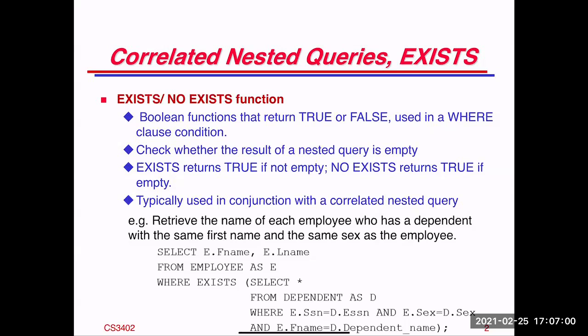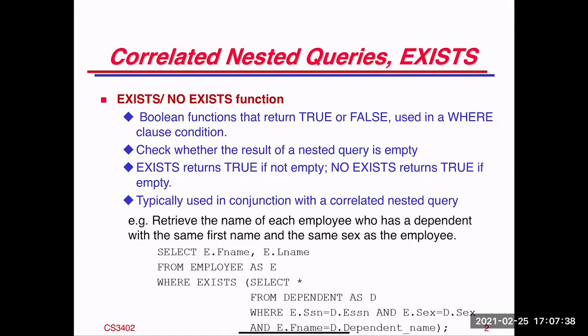So I fixed one employee tuple, and now I'm selecting all attributes from the dependent relation or table, which I'm giving the alias D, where the social security number is the same as the social security number of the employee that I'm looking at. So I'm only looking at the dependents of that employee. And also the sex is the same, and also the first name is the same as the dependent name.